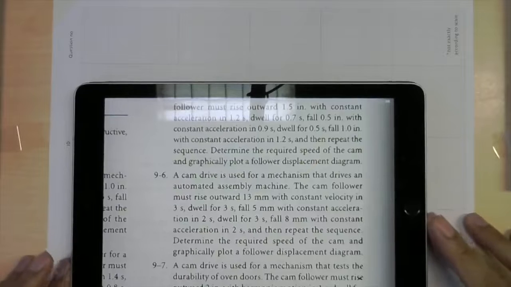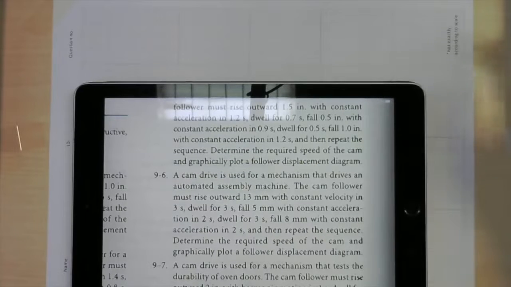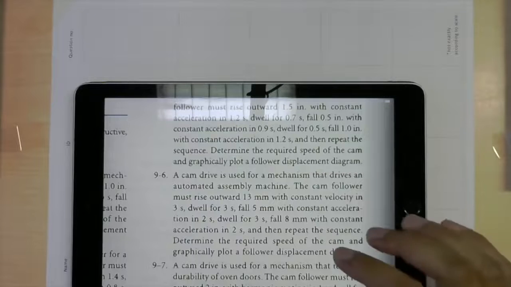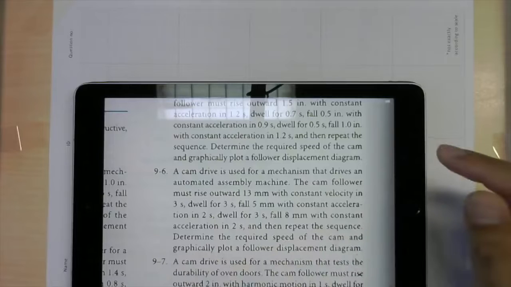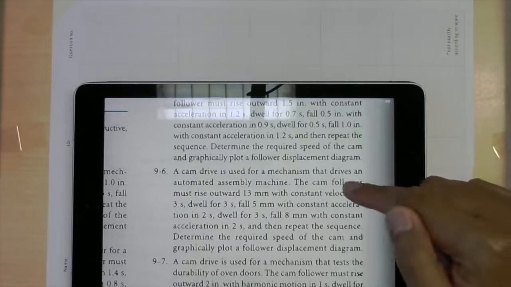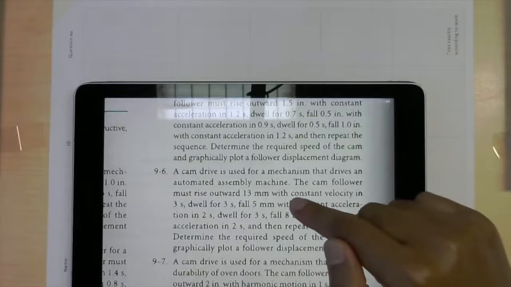So today for this video we'll try to solve for the cam design. Let's refer to this question from the problem that I have uploaded, which is 9.96. A cam drive is used for a mechanism that drives an automatic assembly machine.